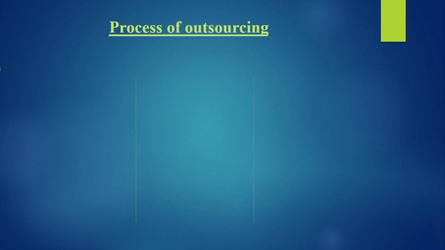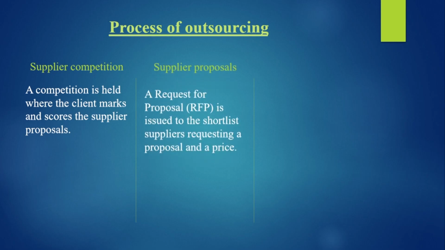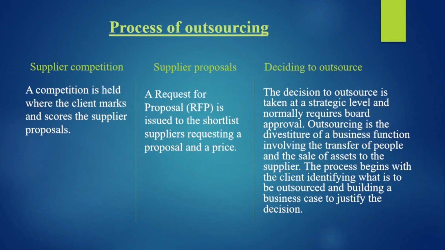Process of outsourcing. Supplier competition. A competition is held where the client marks and scores the supplier proposals. Supplier proposals. A request for proposals is issued to the shortlisted suppliers requesting a proposal and a price. Deciding to outsource.